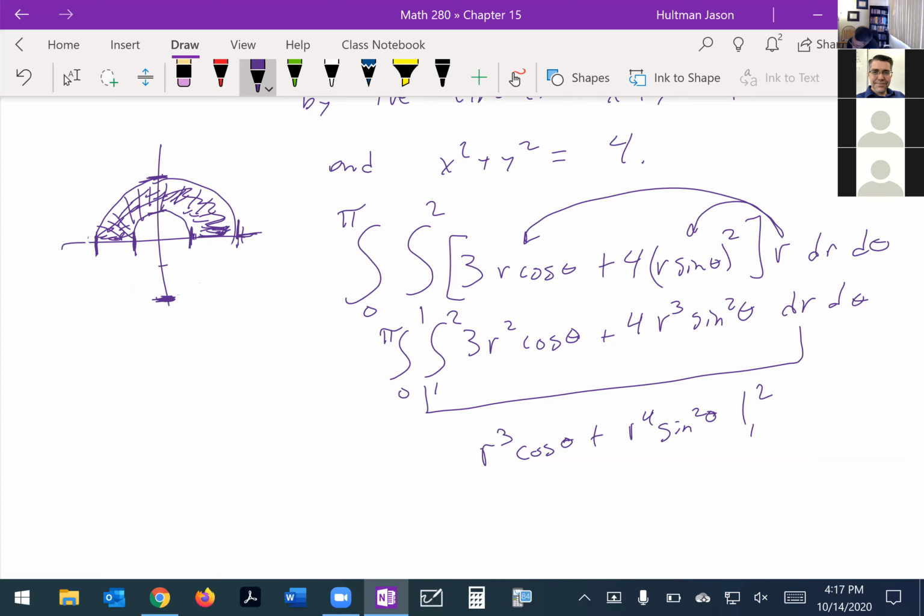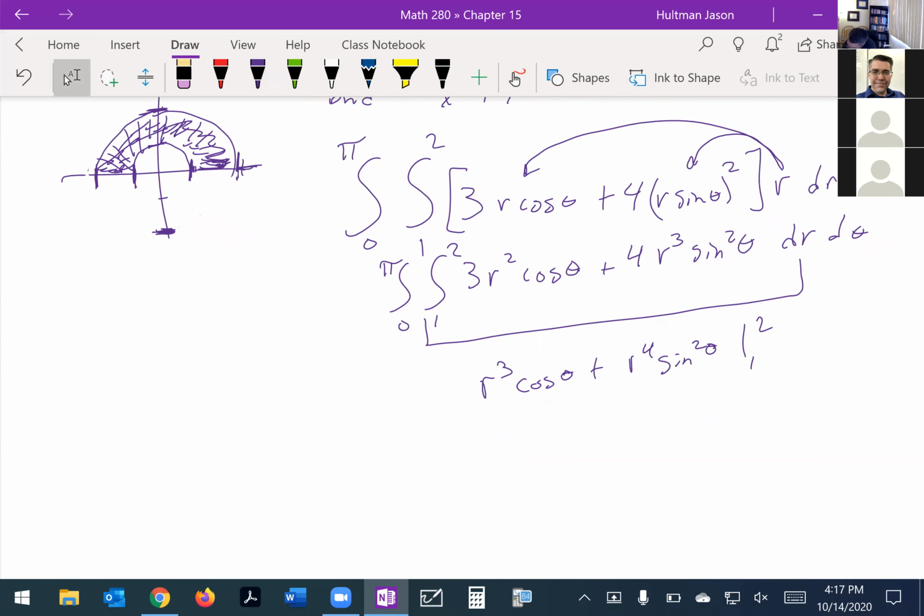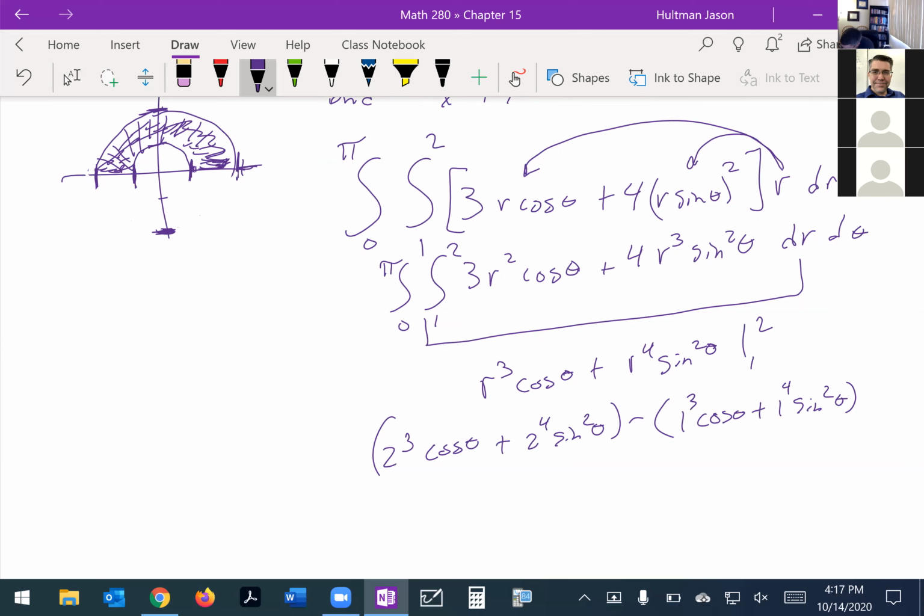So now we plug in our r's. This is going to be 2 cubed cosine theta plus 2 to the fourth sine squared theta, minus 1 cubed cosine theta plus 1 to the fourth sine squared theta. So this is going to be 8 cosine theta minus 1 cosine theta, which gives me 7 cosine thetas.